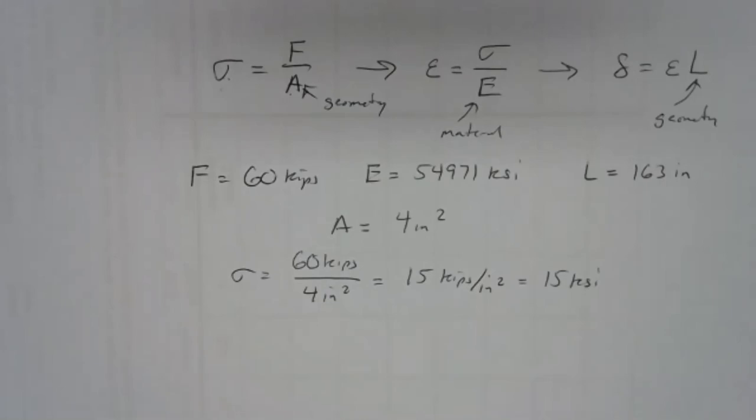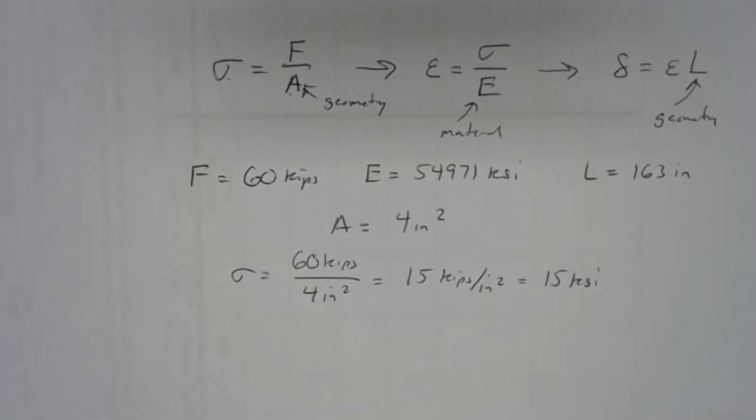Is this within the yield strength of the material? Is it within the proportional limit where these equations work? If my proportional limit is 12 KSI, then I can't really use this calculation. It's too much stress. But to proceed, we need to assume that we're below those critical limits.